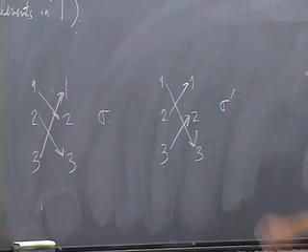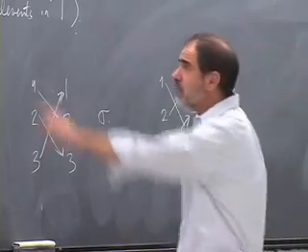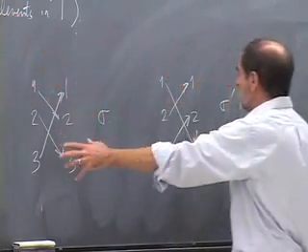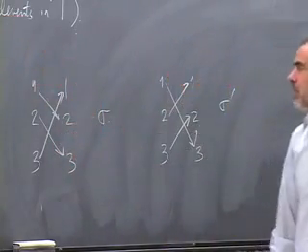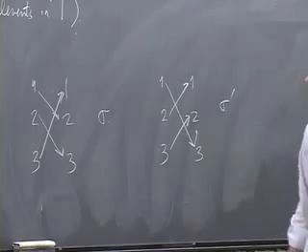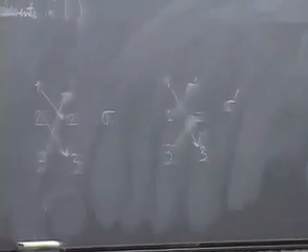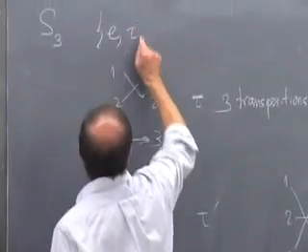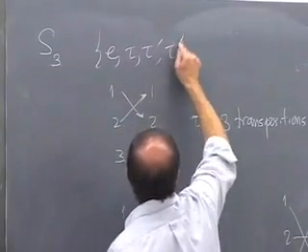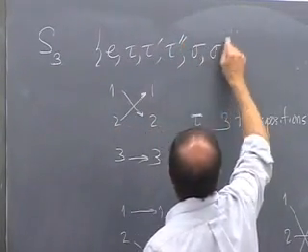Let's call that one sigma prime. So we have 3 transpositions, the identity element, and these 2 elements that don't fix anything but represent different permutations. So those are the 6 elements of S3: E, tau, tau prime, tau double prime, sigma, sigma prime.